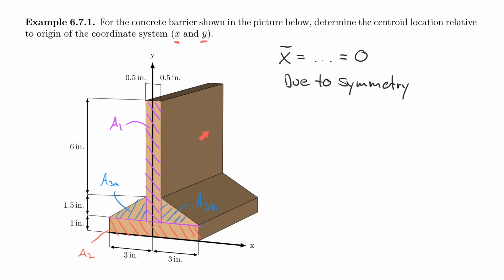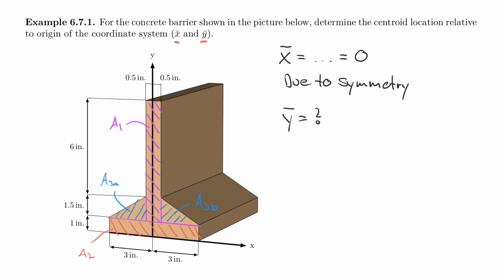And therefore I don't have to do any calculations. I know for a fact that because this cross-section is symmetric, the centroid location must be located somewhere on the y-axis. The distance from the x-axis, which will be y bar, that I will have to calculate now. And I will have to find out how to do that. So I think we should get started on that.